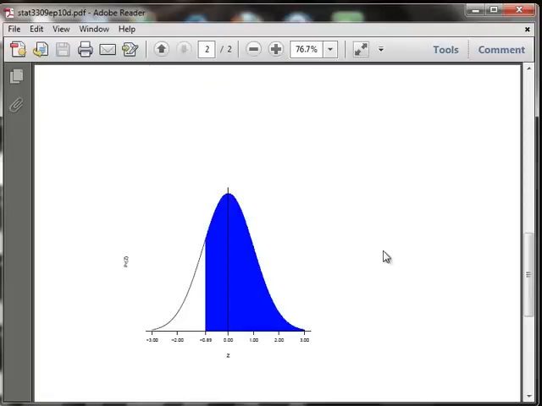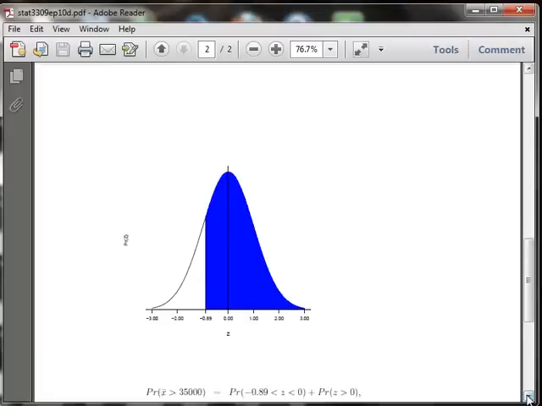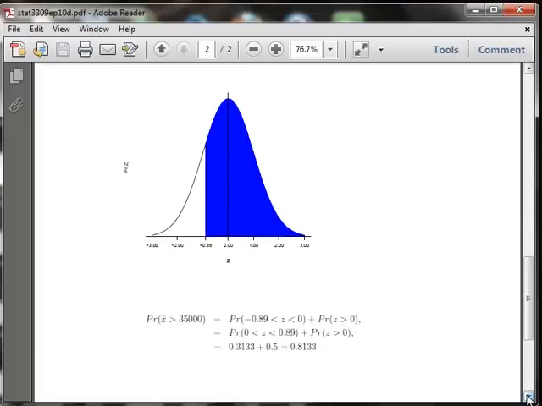So let's look at our picture. If you notice, our shaded part starts at negative 0.89 and goes to the right. So we're going to have to add two pieces of probability. We have the probability that z is between negative 0.89 and 0 plus the probability that z is greater than 0.